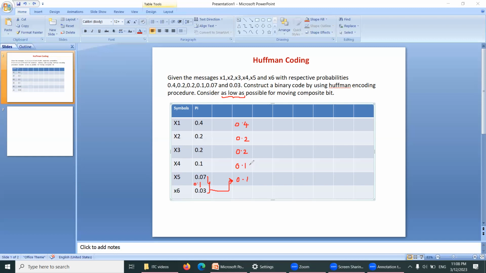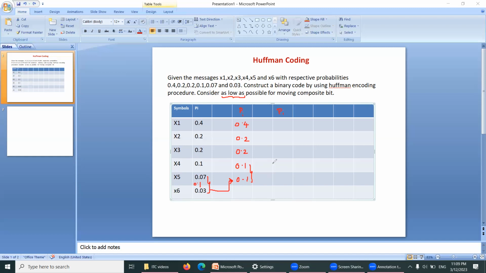Next step, once again I add the last two probabilities and generate a new set of probability values. When I add 0.1 and 0.1, I get 0.2.